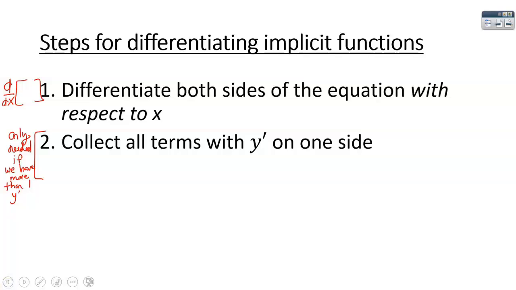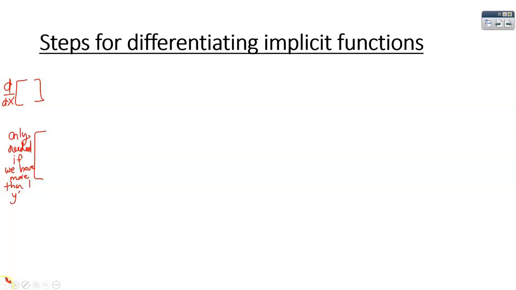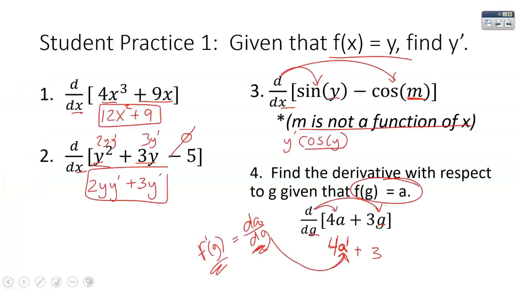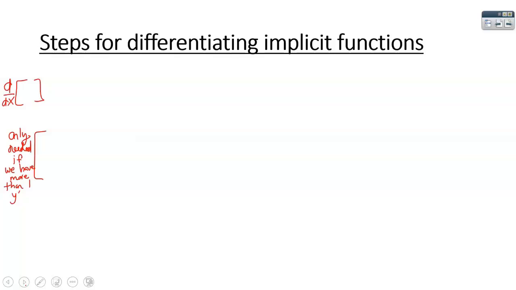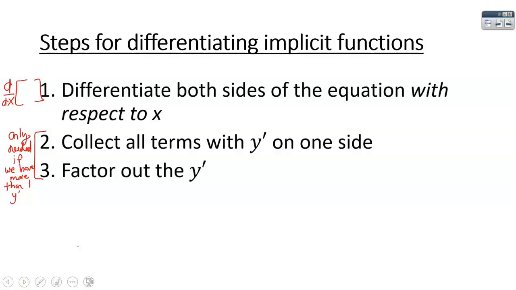So for example, on this problem here, right here, we had two y primes, right? One there and one there. But on this one, we only had one. So you'll only need to do steps 2 and 3 if you have more than one y prime. Okay. Step 4 is to solve for y prime. Get the y prime by itself. Okay. So that's our goal, and that's the steps we're going to go through to find y prime.